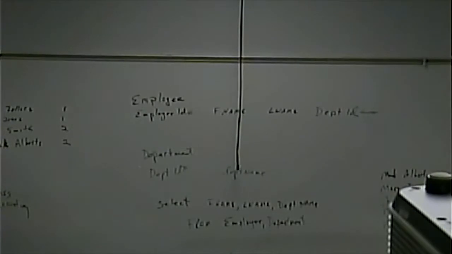Now, if we had 3 tables, I don't know, home office, that maybe had 5 rows in it, how many would our output be if we didn't join those?